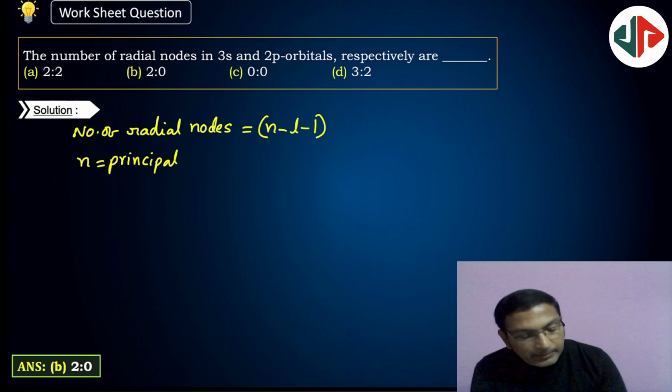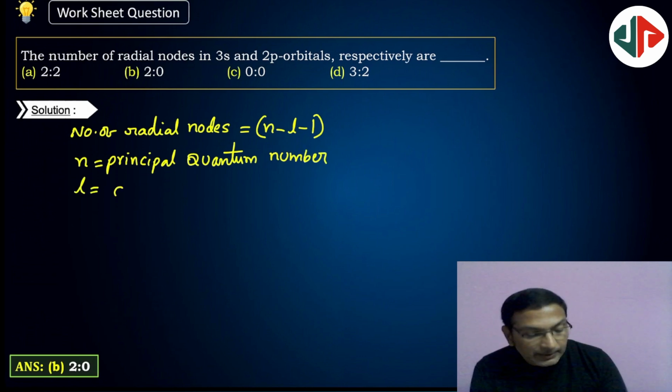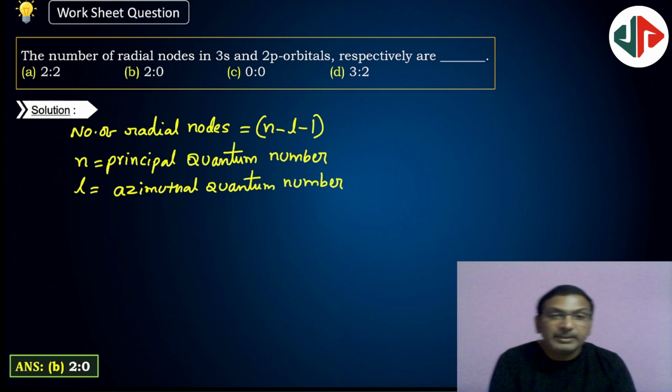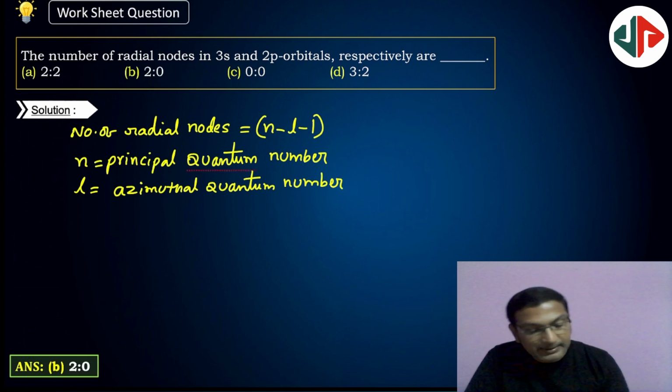Principal quantum number. l is azimuthal quantum number. So based on principal quantum number and azimuthal quantum number, we can calculate number of radial nodes or simply nodes.